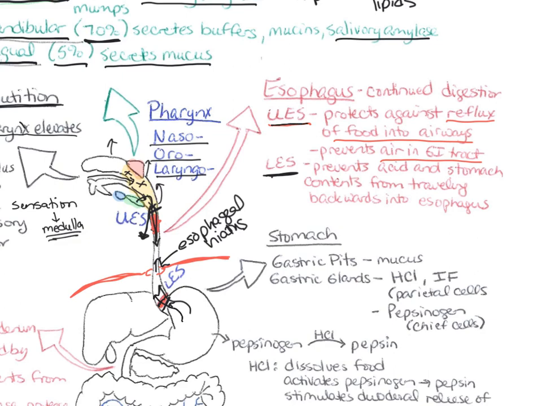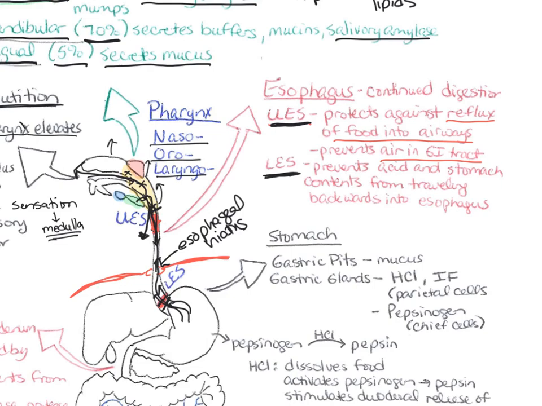So at rest, both the upper esophageal sphincter and the lower esophageal sphincter should be closed, and then when you're actively eating and swallowing, then they would open. During vomiting, when there's a forceful propulsion of food back up from the stomach all the way out through the mouth, both the upper esophageal sphincter and the lower esophageal sphincter would have to be relaxed. They're both smooth muscles, so they're both under involuntary control.